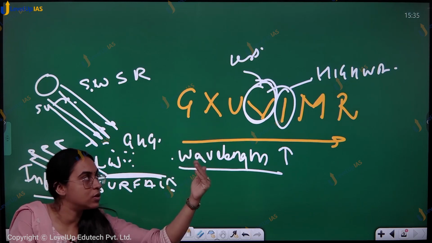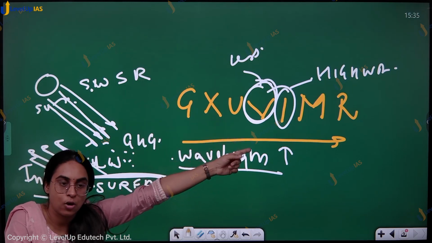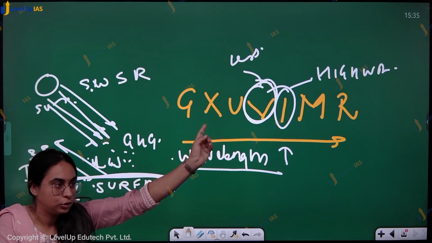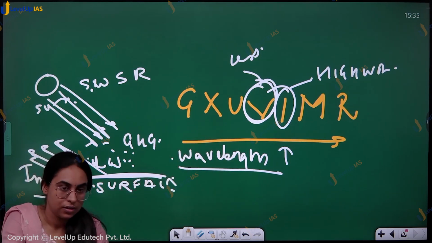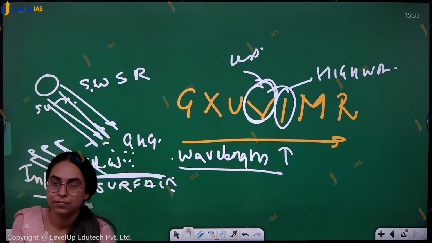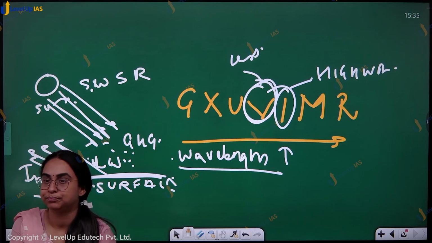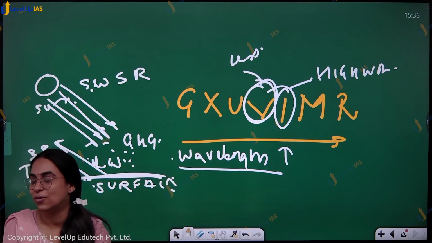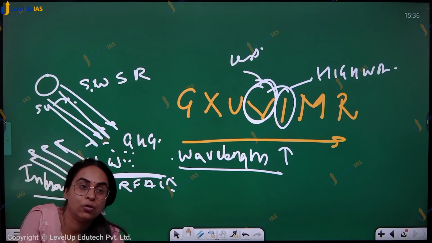Which is the outgoing radiation? Infrared, hence long wave. Which is the incoming? Visible, hence short wave.